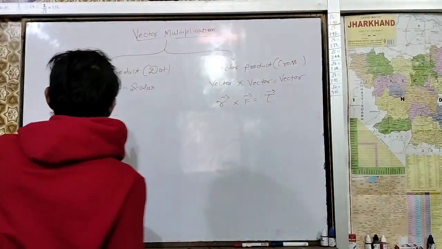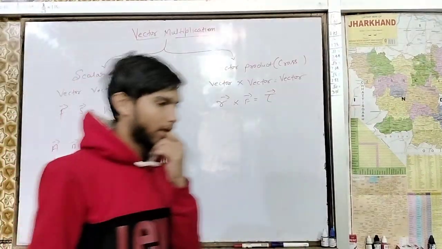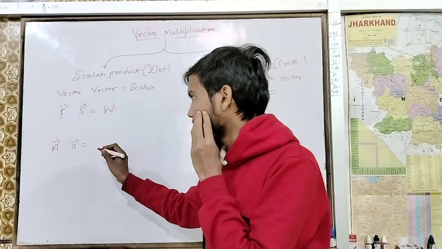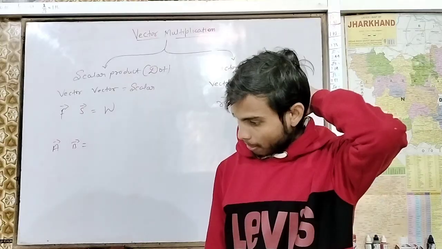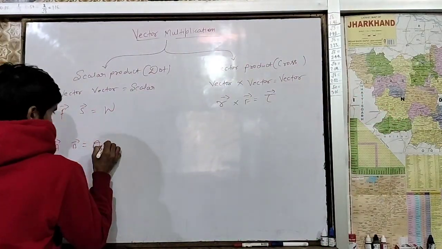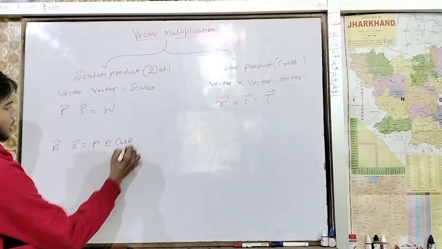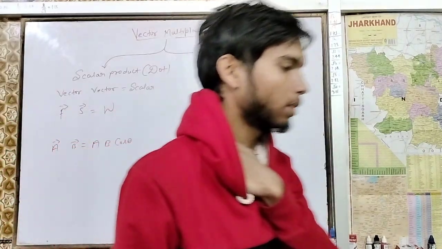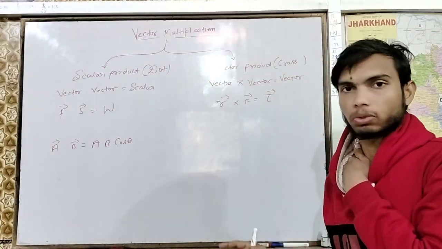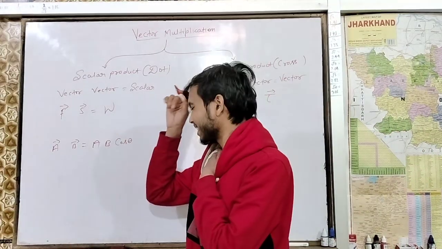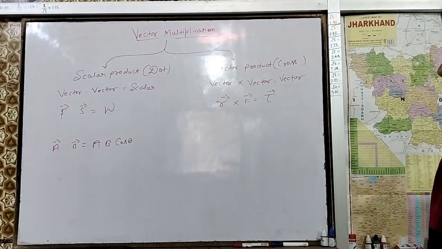Tell me, can a vector dot b vector be written as ab cos theta? We only want the magnitude, so for magnitude we remove the arrow direction: ab cos theta.